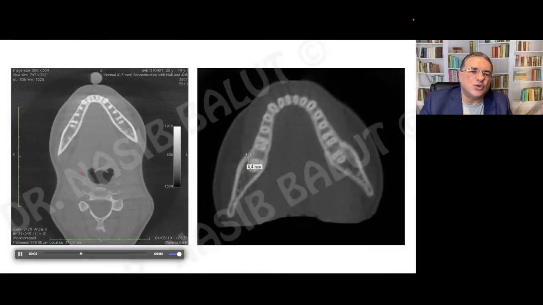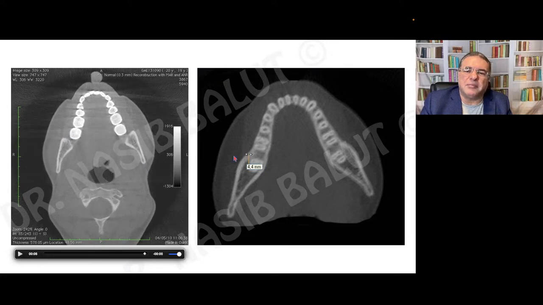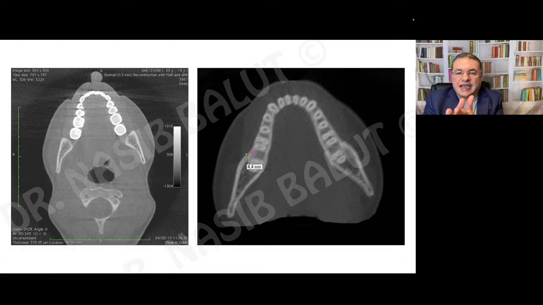Why we choose this area to put the mini implants is because the oblique line starts getting thicker, mainly between the first and second molar. So that's the place I like to place the mini implants.